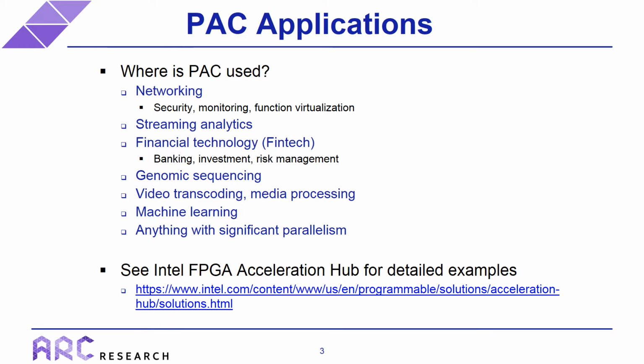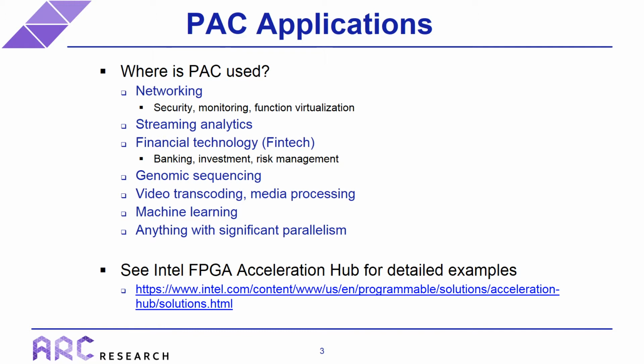It can also be used for any type of streaming analytics, either on a network or from any data source, usually with some form of machine learning integrated into that. It's commonly used for financial technology, so basically for investing, that's one area where low latency processing is critically important, where nanoseconds are very important. It's also used for banking and for risk management.